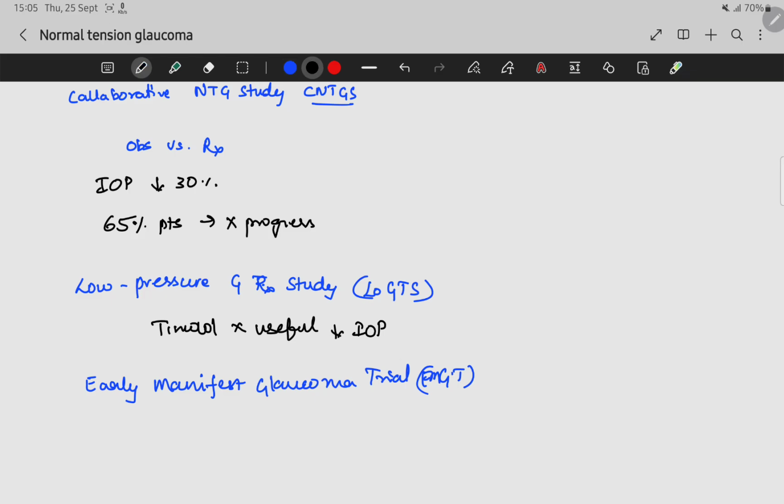In this it says ALT is not useful. We have to perform filtering surgery if the IOP and the disease are progressing despite medical management.